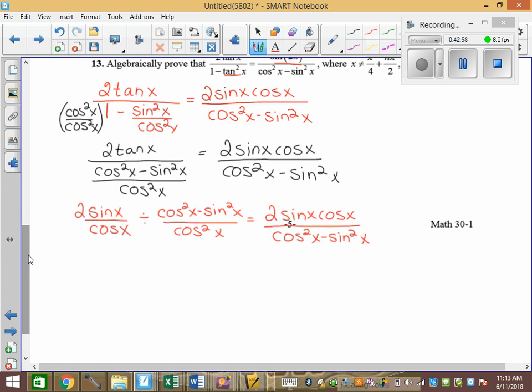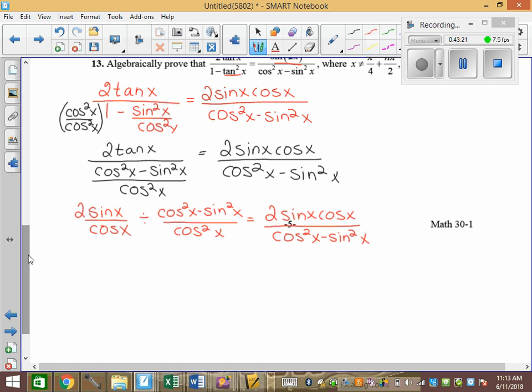Plus 30s and 60s are often easier. And just because it works for one doesn't mean it works for all of them, right? So I always pick 30s and 60s. You could even just type them into y1 and y2 and see which one gets you the same graph. You could check it that way, or you could verify it properly. Proof is the only way that it's a guarantee that it works, though, right?